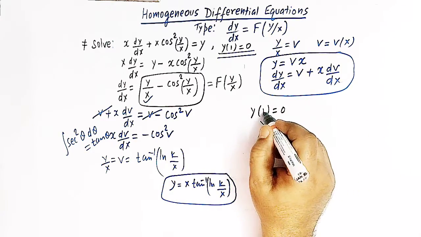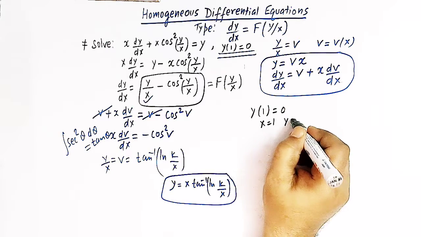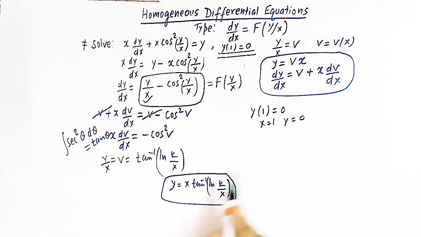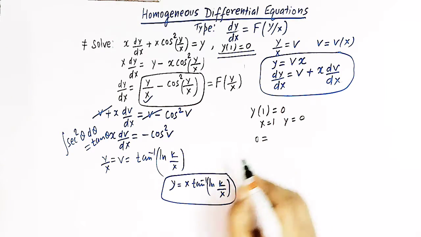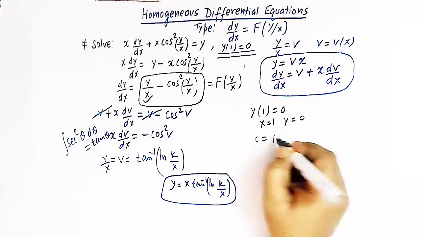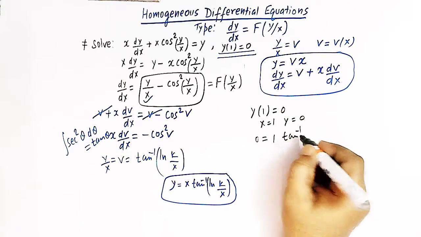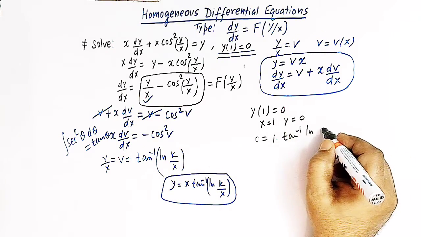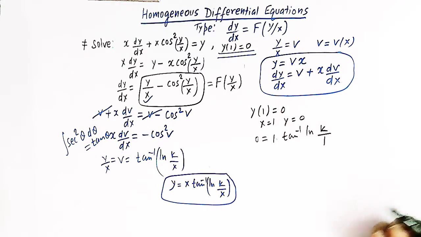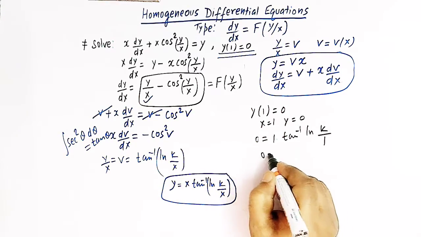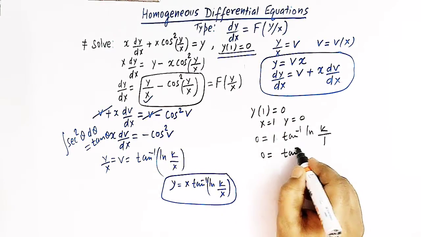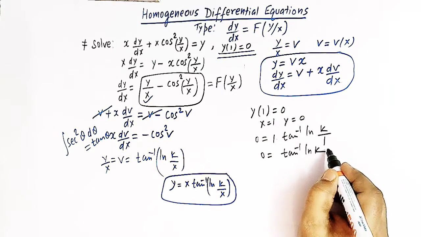It implies that when x is 1, y is equal to 0. So we can substitute these values in this general solution. So we have 0 here, then x is 1 times tan inverse, and we have the natural log of k over 1. Now this is 0 is equal to tan inverse logarithm of k.